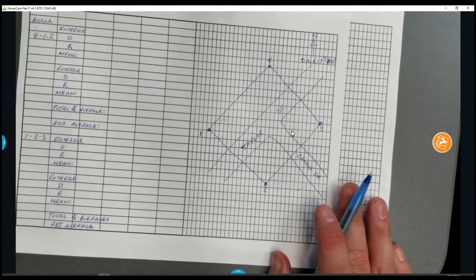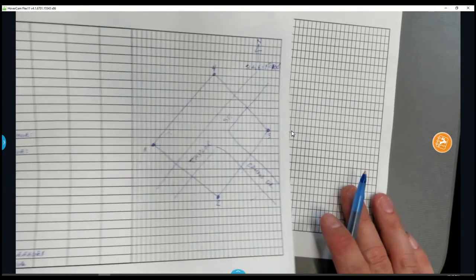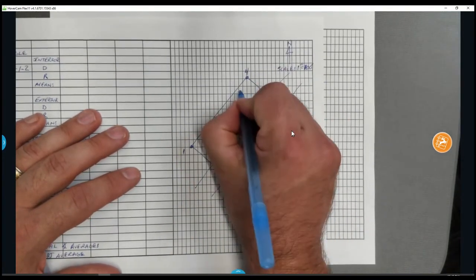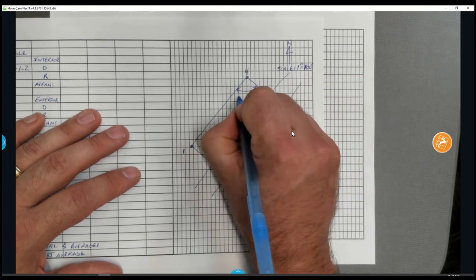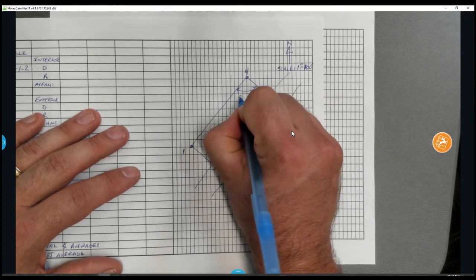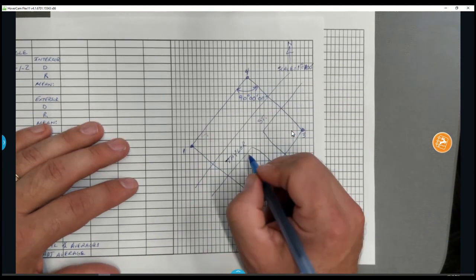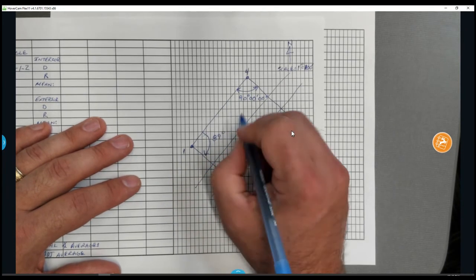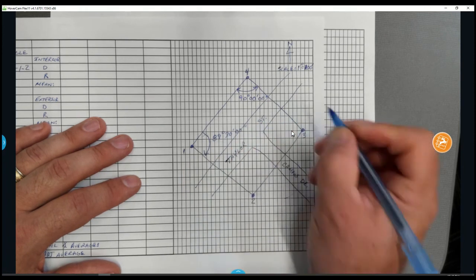So when it comes to the angle average, say my adjusted angles when I display them in here come to be, and you guys don't have to write any of this down, say this one is 90 degrees 00 minutes 00 seconds, so it's a perfect right angle. Say this one is 89 degrees 30 minutes 00 seconds.